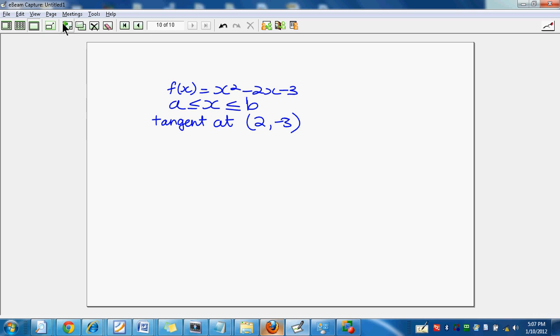B. Values of x for which x squared minus 2x minus 3 is equal to 0.